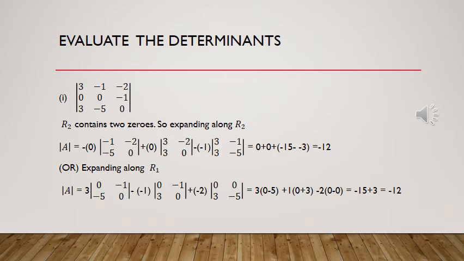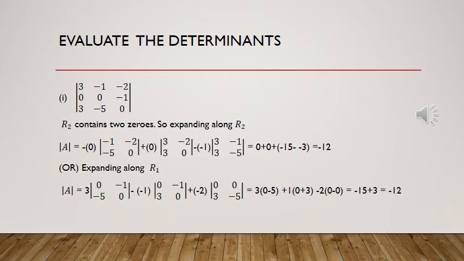Plus, because minus of minus 1 is plus, 1 into the product along the main diagonal, 0 into 0, 0 minus negative 3. So that is plus 3. Then plus negative 2, that is minus 2 into 0 minus 0.